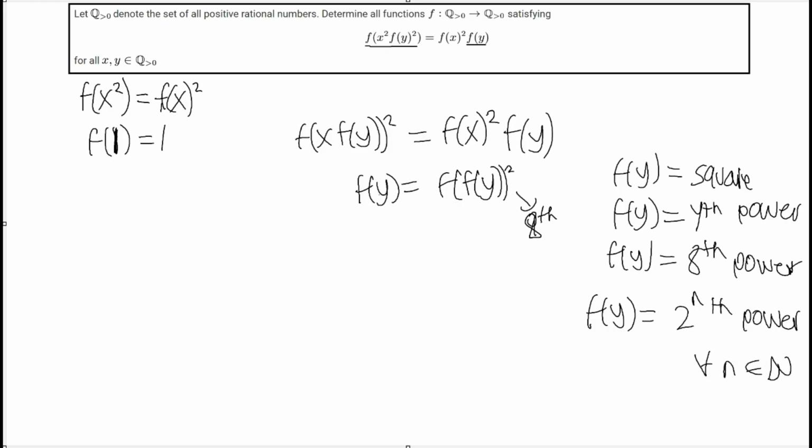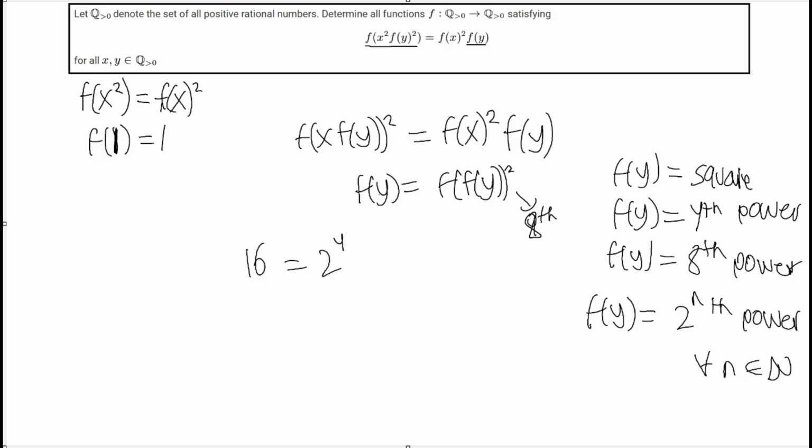Now this should definitely sound very fishy to you. Any rational number is not an arbitrarily large power of some other rational number. For example, if we consider 16, then this is a fourth power because it is 2 squared. No, 2 to the fourth, my bad.